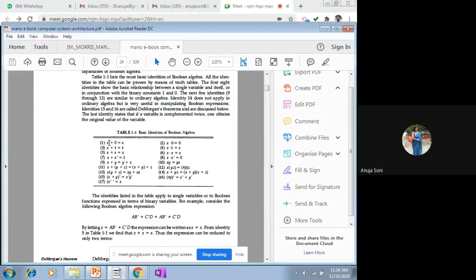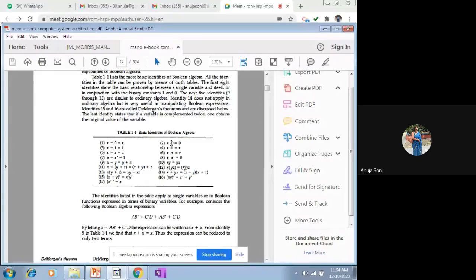For both cases of x, whether 0 or 1, this Boolean identity will always remain true. At one time you can place the value of x as 0, at another time as 1. In both cases you can observe that it always comes out equal to x. X plus 0 comes out as x.